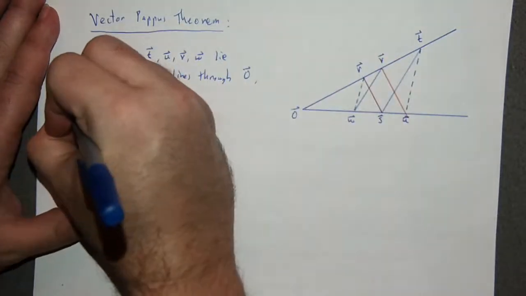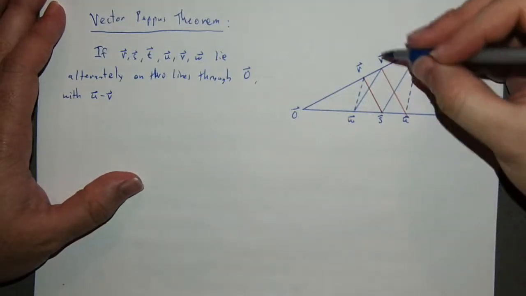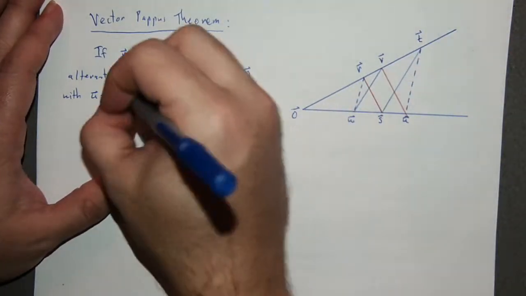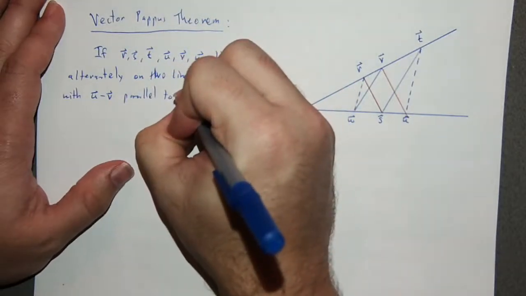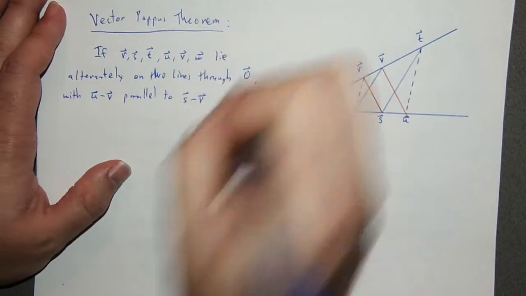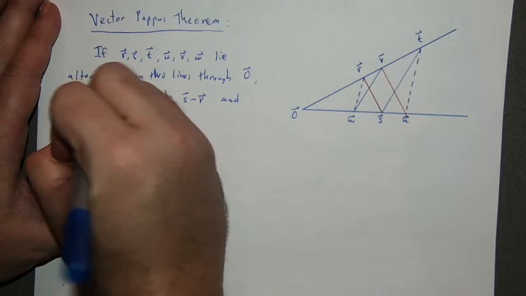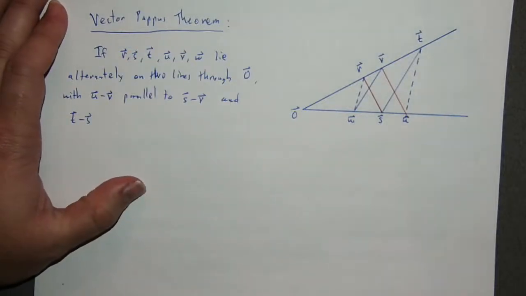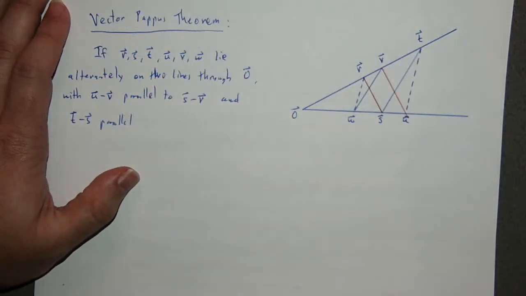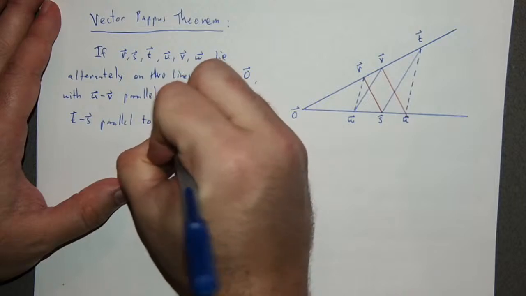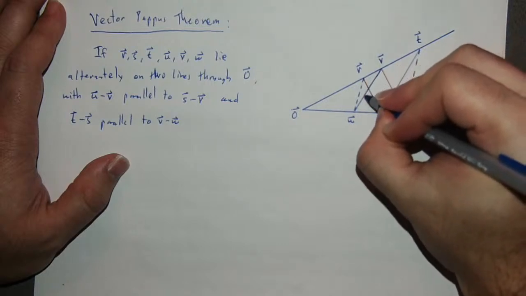Okay, with U minus V and S minus R parallel. So that's the two red lines parallel. Okay, and T minus S parallel to V minus W. Okay, that's the two solid blue lines parallel.